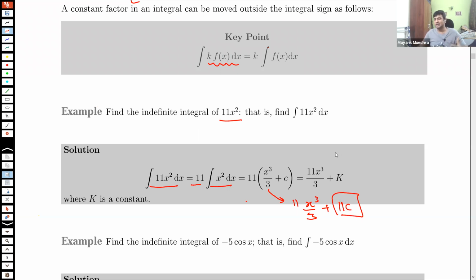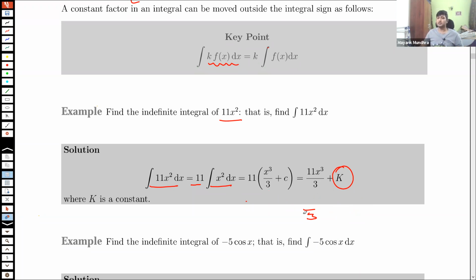Now, 11c is an unknown constant. So why do you want to write it as 11c? Why don't you write it as just some unknown constant k? The whole idea is you just want to put in an unknown constant there to represent the thing which is lost. You don't want to write it in a particular format. You just write it as some constant. So the way to do this would be to keep integrating, reach the last step, and add a constant in the last step.